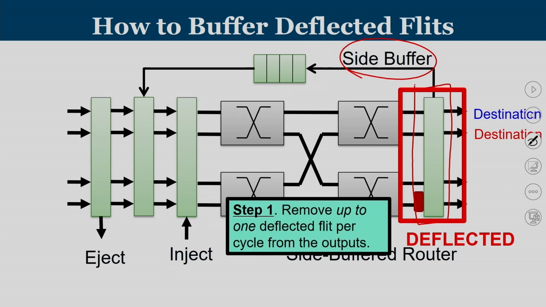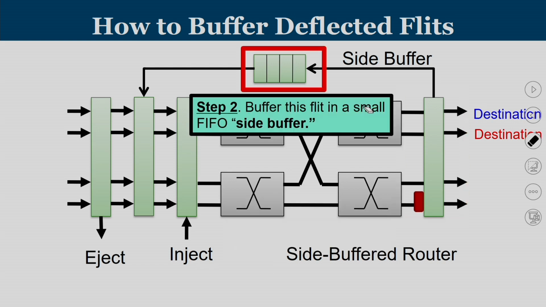The red is deflected. Now, what do you do? Remove up to one deflected flit per cycle from the output port. So, this red flit which is already there is going to be removed into the side buffer. That is what we are going to see. The red flit is going to enter the side buffer. So, buffer this flit in a small FIFO-like structure which is called the side buffer.